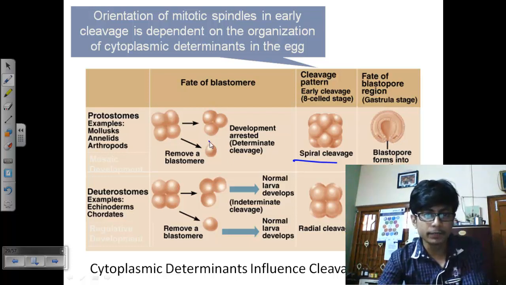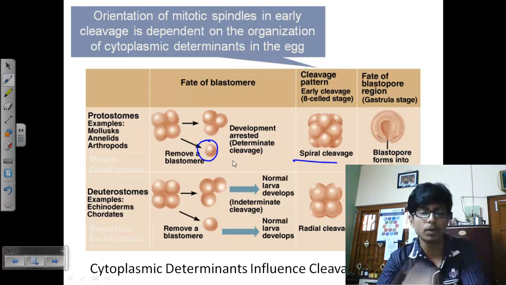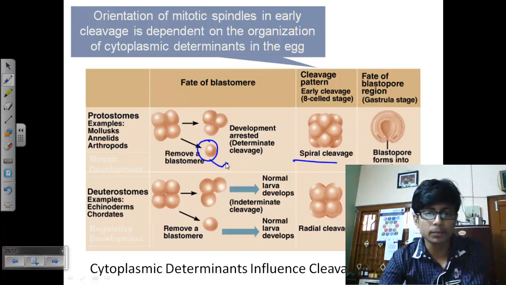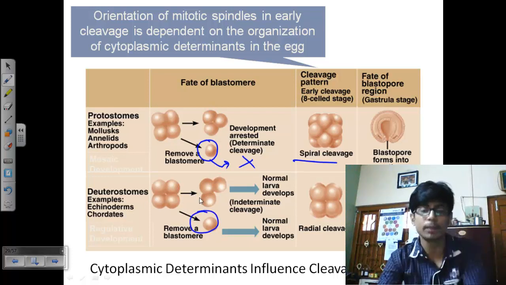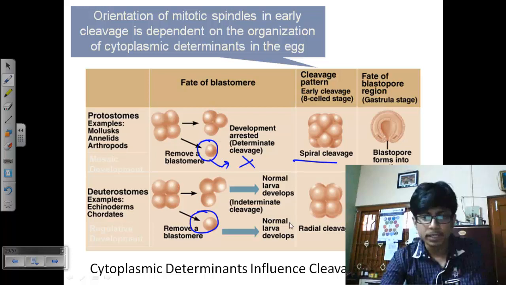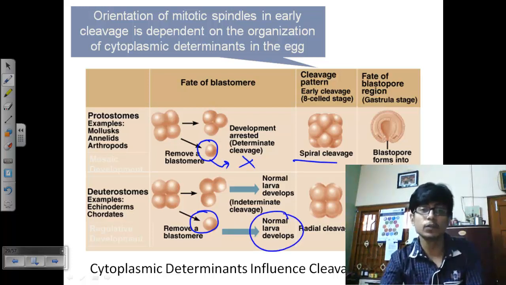But if we take a small part out, that small part will not be able to generate an individual or embryo or gastrulation. But in the case of deuterostomes, if we take a small cell from the blastula and put it, a normal larva develops, and everything develops into a normal thing.